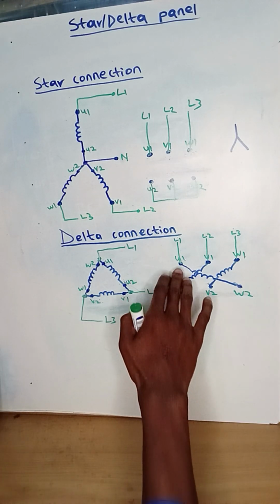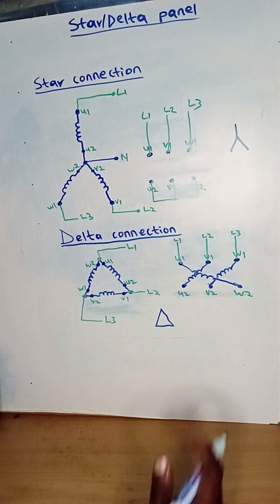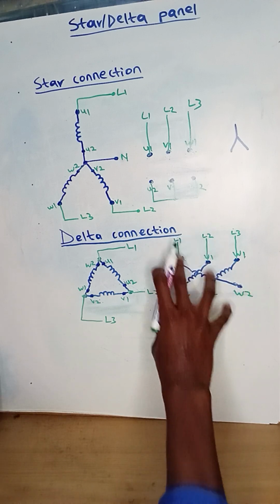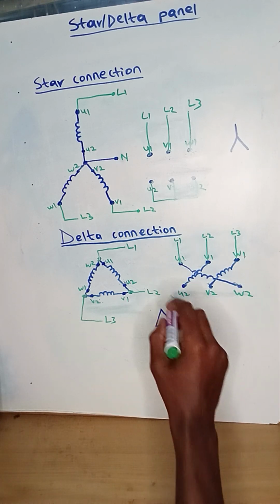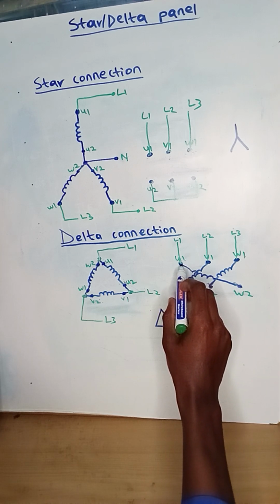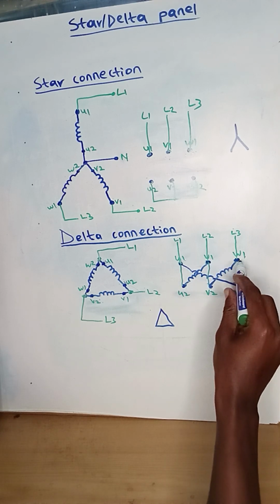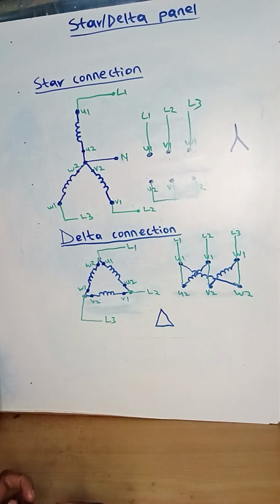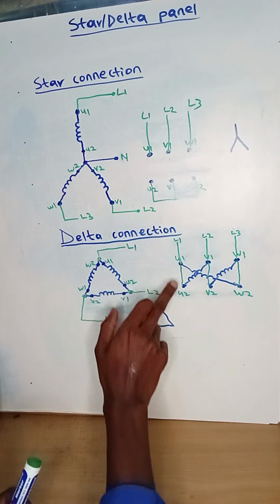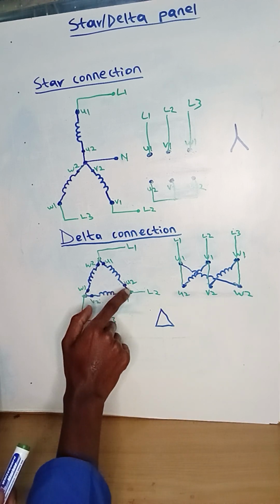Right. So since we have the delta connection like this, and then when you do the delta connection from this side, you will also connect the wire from U1 to U2, V1 to V2, W1 to W2. So this connection of U1 to U2 represents the winding from U1 to U2.